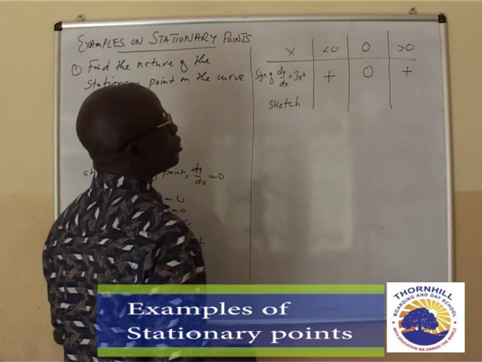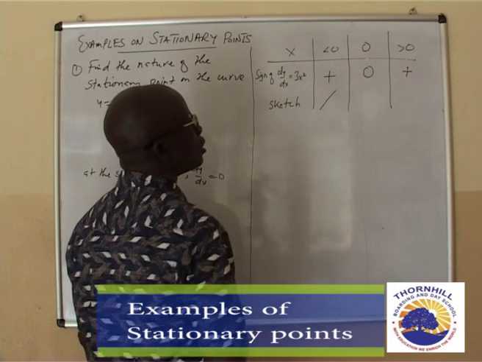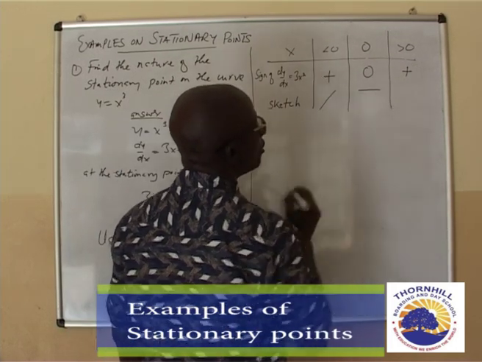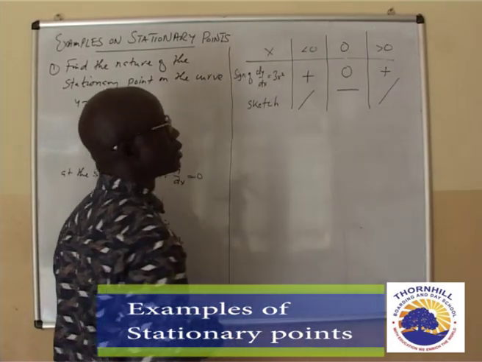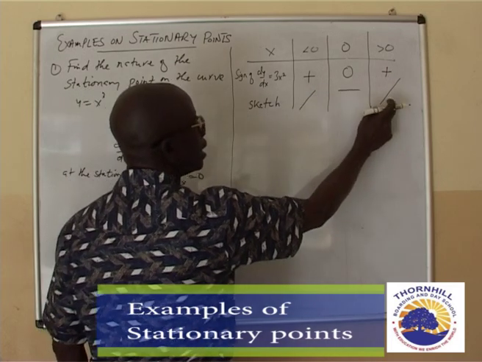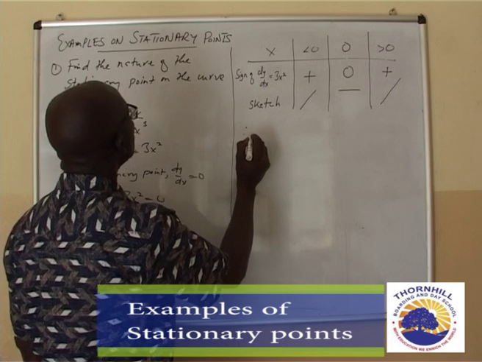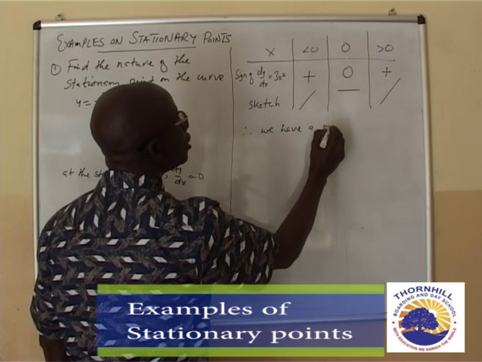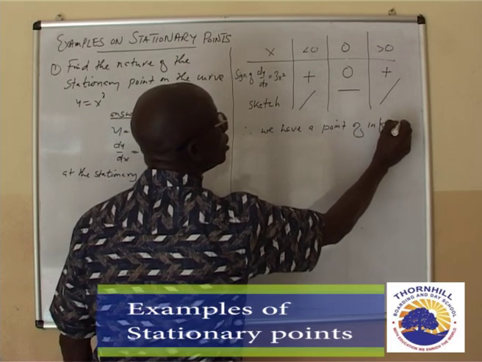So now, a sketch. We said positive, it goes like this. 0 is like this. Positive again, it goes like this. So if you look at the sign here, this is a point of inflection.